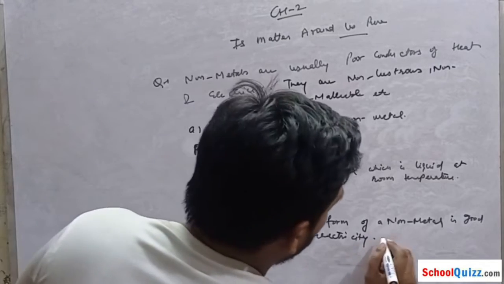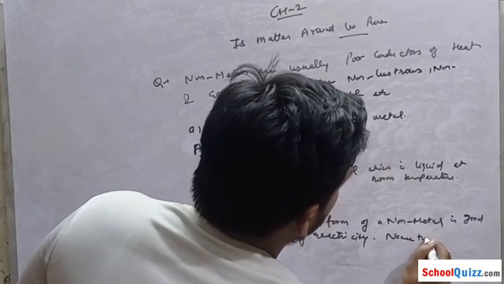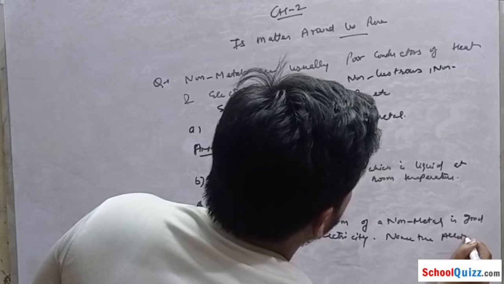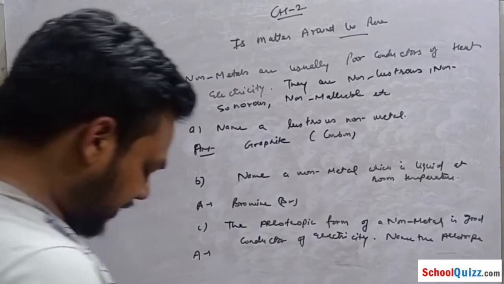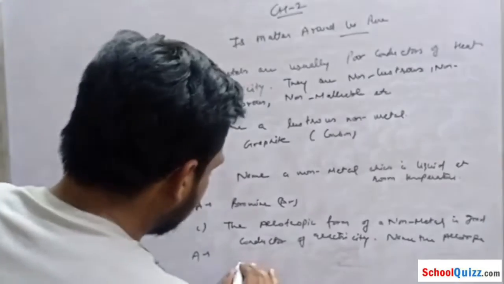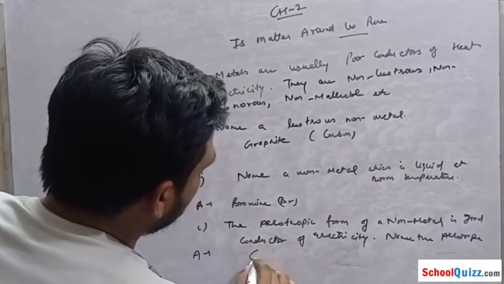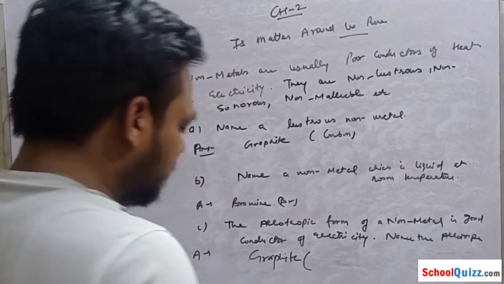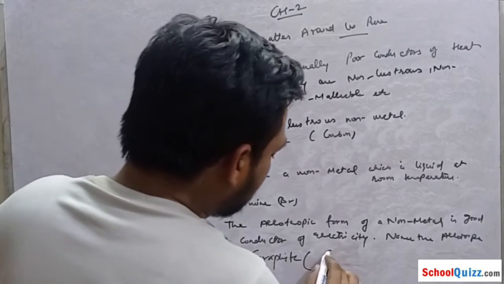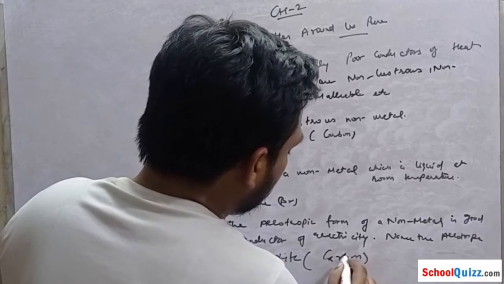Name the allotrope. Its answer is graphite, an allotrope of carbon.